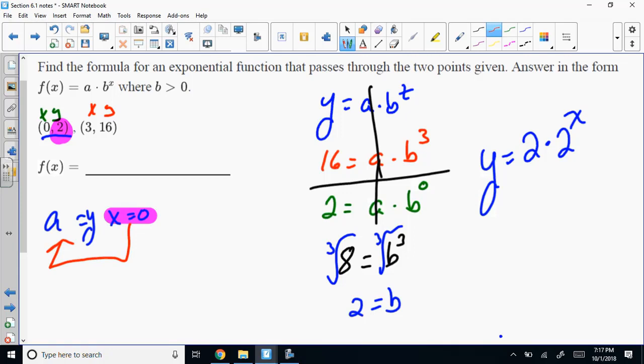All right, and so we already found the base. How many of y'all have ever written equations like that before? It's pretty slick. There are much harder ways to do it if you'd like to try.